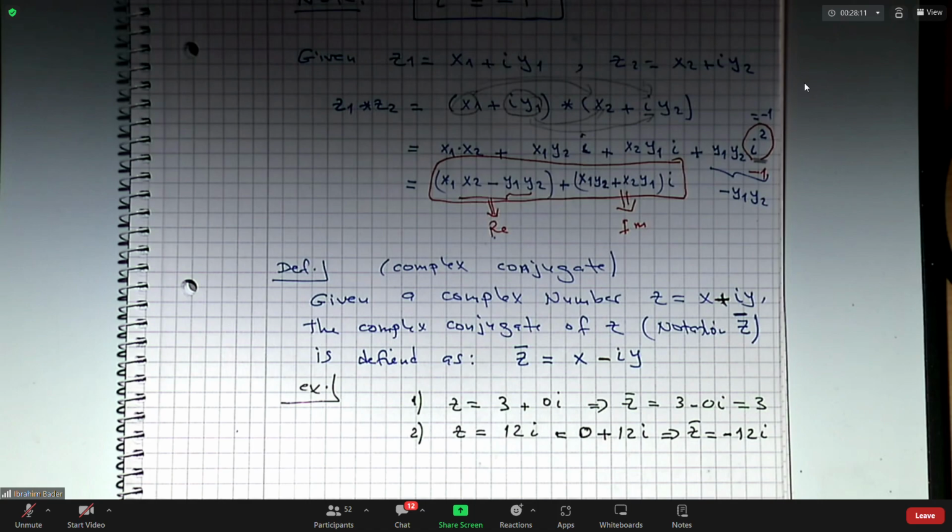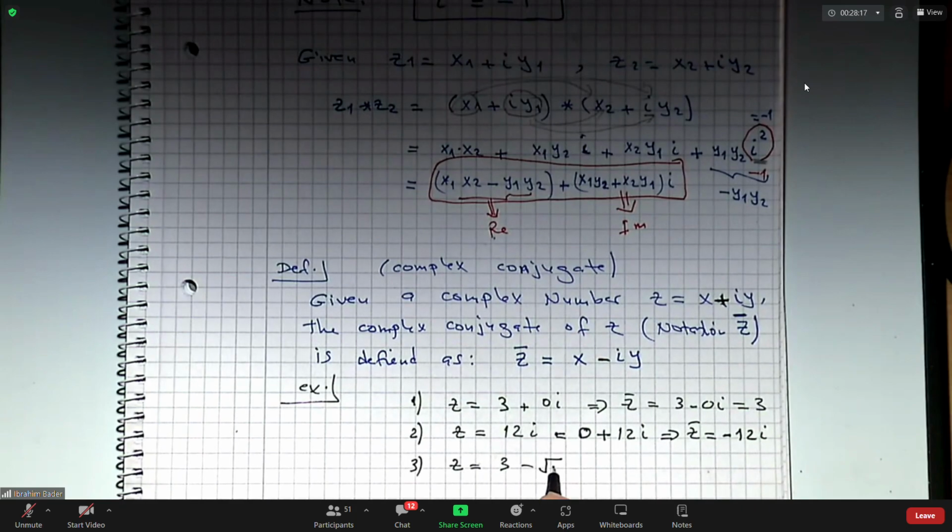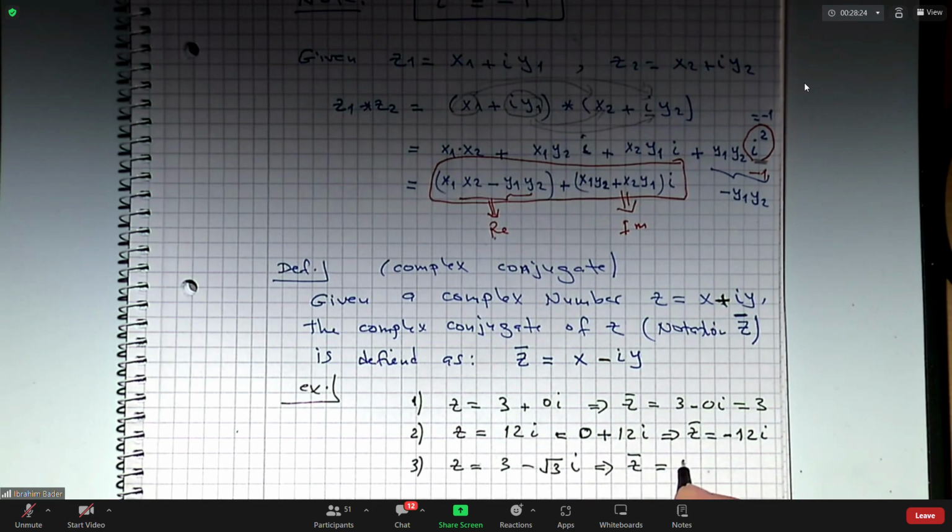Now if I have any other number, for instance Z equals 3 minus square root of 3i, then Z conjugate is equal to 3 plus square root of 3i. So again, it only affects the imaginary part. Just switch the sign of the imaginary part.